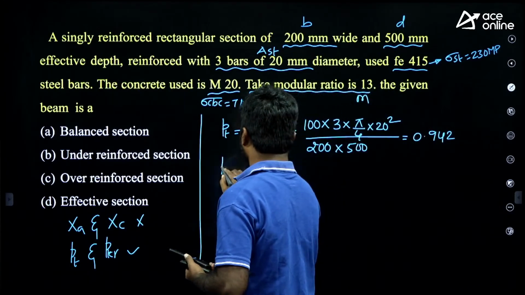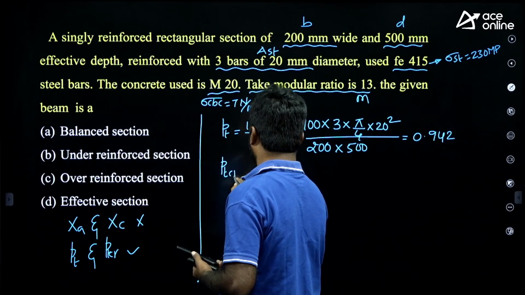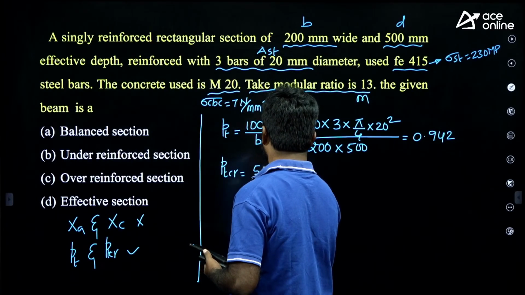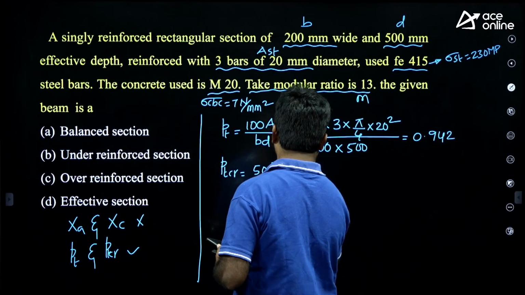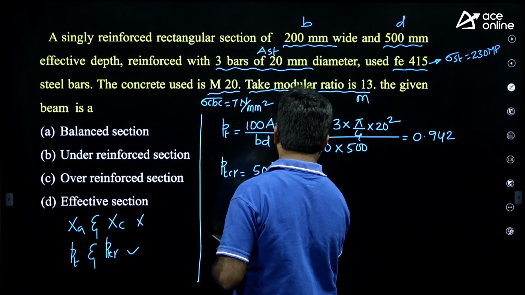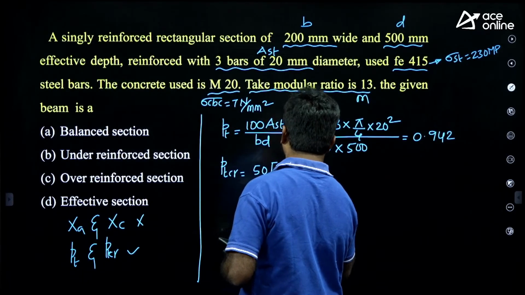My dear, pt critical is 50 times sigma cbc upon sigma st into k. So we want a k value here.